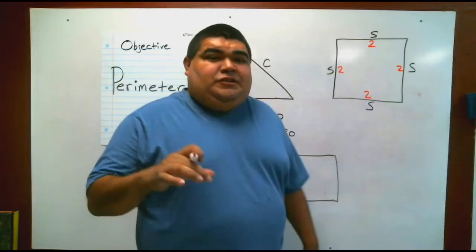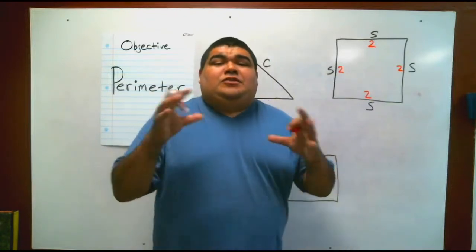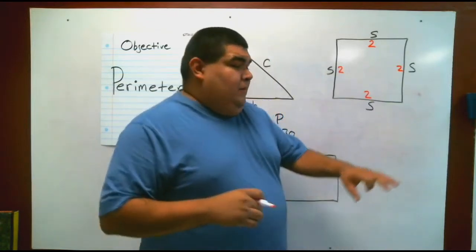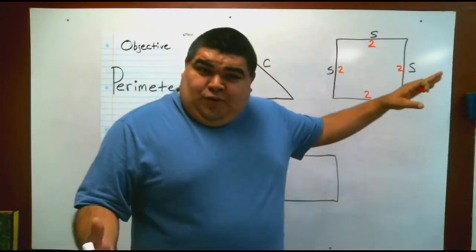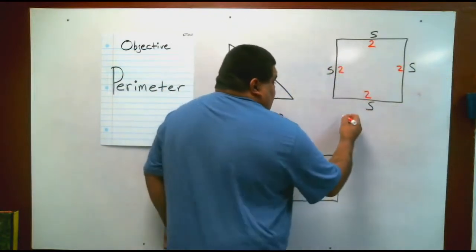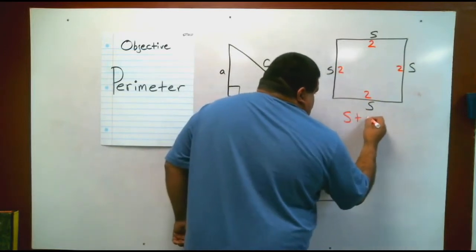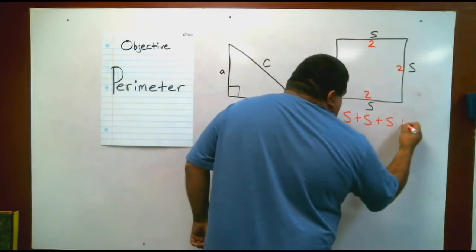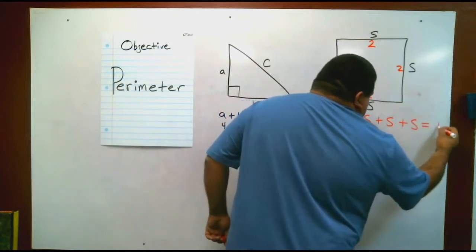The reason why is because it's a square. Obviously, a square is always the same. You can do it one of two ways. You can say side plus side plus side plus side equals our perimeter.